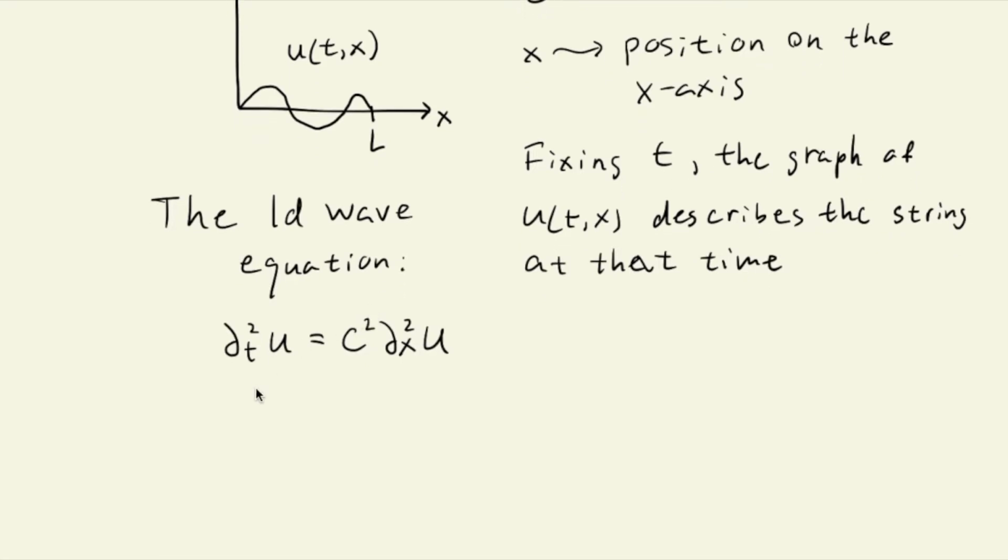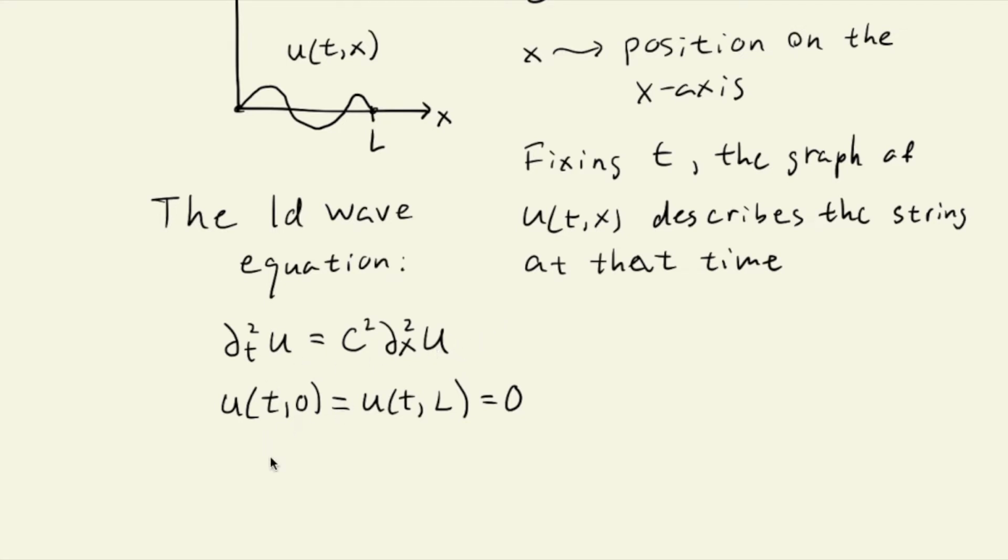Our boundary conditions: we're going to say that this string is fastened at the ends, so the endpoints don't move. So for all time t, at position x equals 0 and at position x equals L, u is equal to 0, so it's not moving.